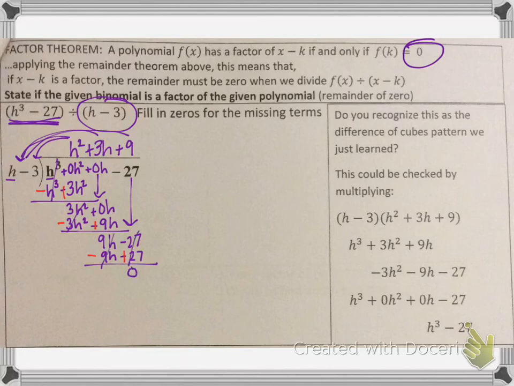Now, this problem was not just saying divide those. If it was saying divide those two things, my answer would be h squared plus 3h plus 9. But the problem is actually saying state if the given binomial is a factor of the polynomial. So is h minus 3 a factor of h to the third minus 27?